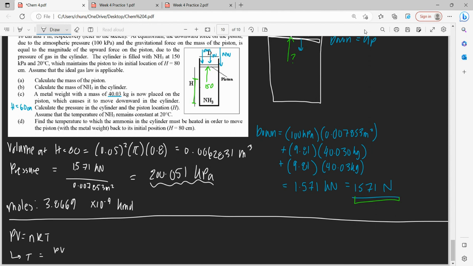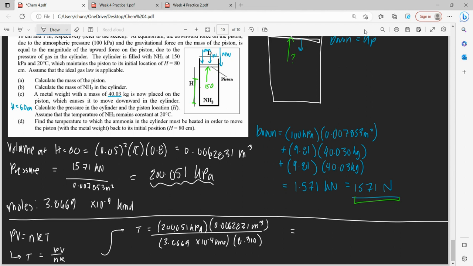This is PV over nR. So T is equal to our pressure times our volume over our moles and over our universal gas constant.